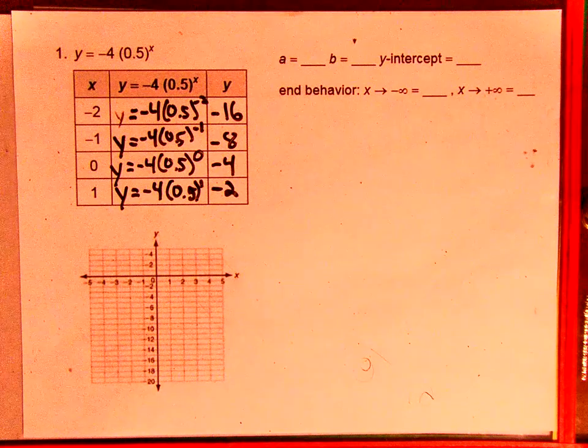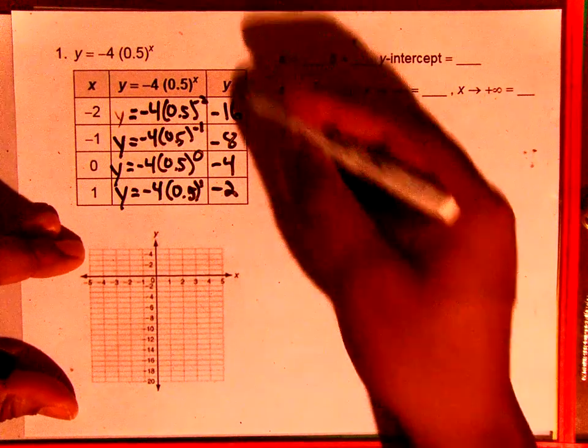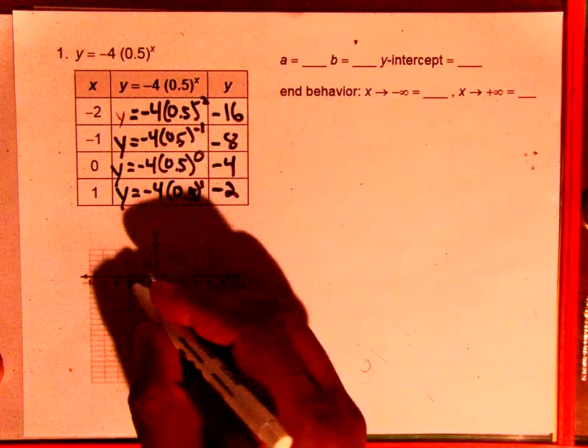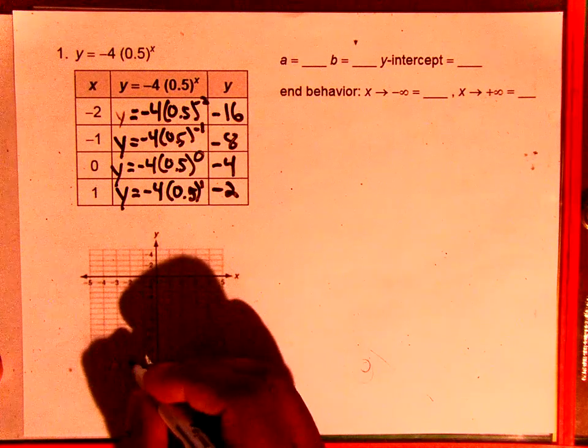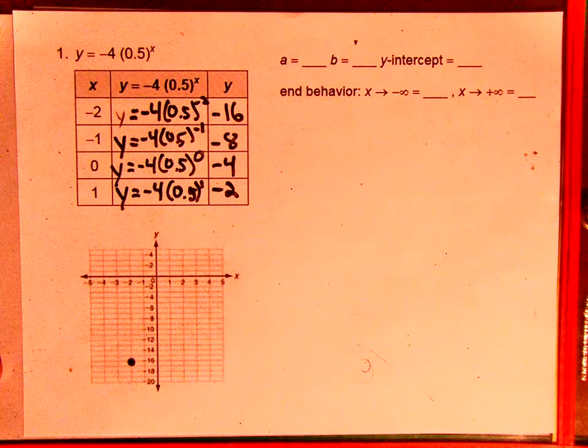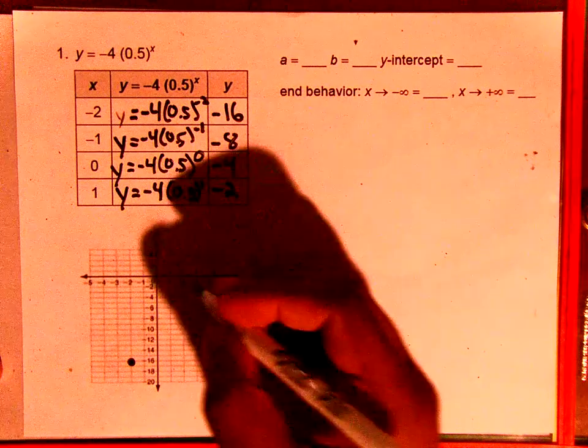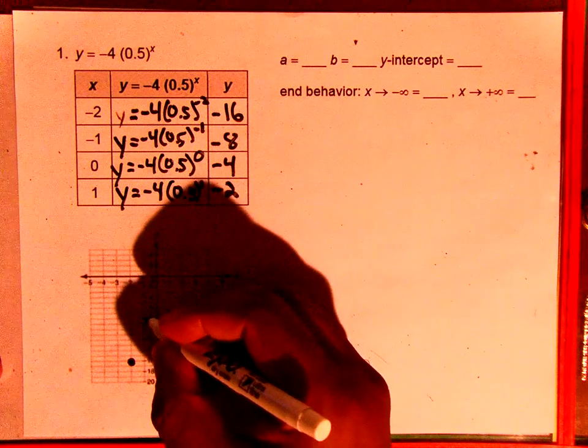Okay, so now I'm going to graph the points. I'm going to plot the x and the y here. So when I go to negative 2, I go down to negative 16, which is here. When I go to negative 1, I go to negative 8.